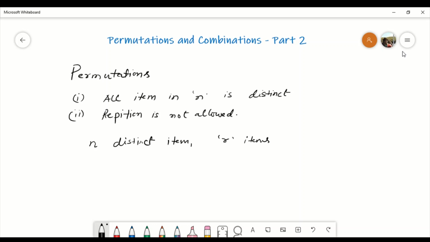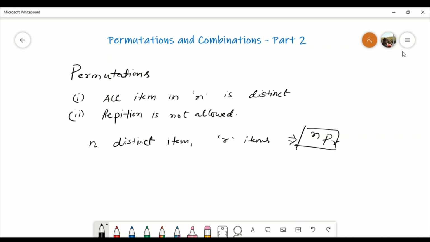First of all, this is represented by nPr. P stands for permutation, n is the pool of distinct items, and r is the size which has to be selected from that pool and then arranged, right? So that is denoted by nPr. Now we'll discuss how we can calculate nPr.